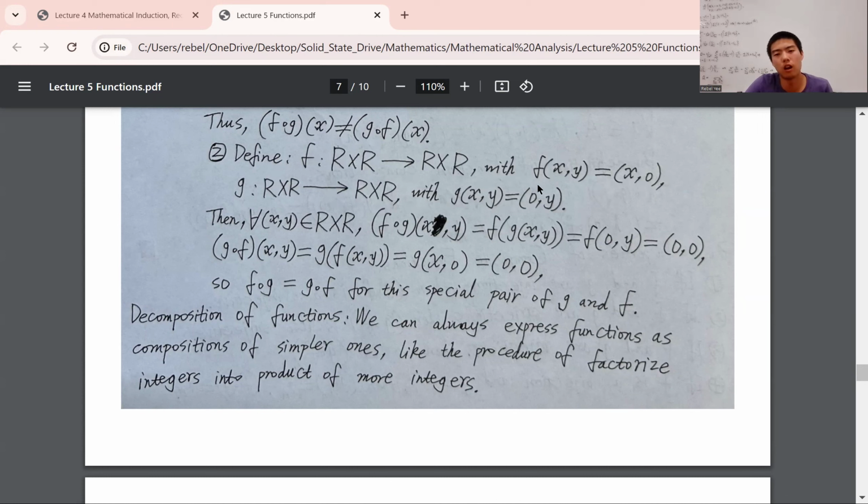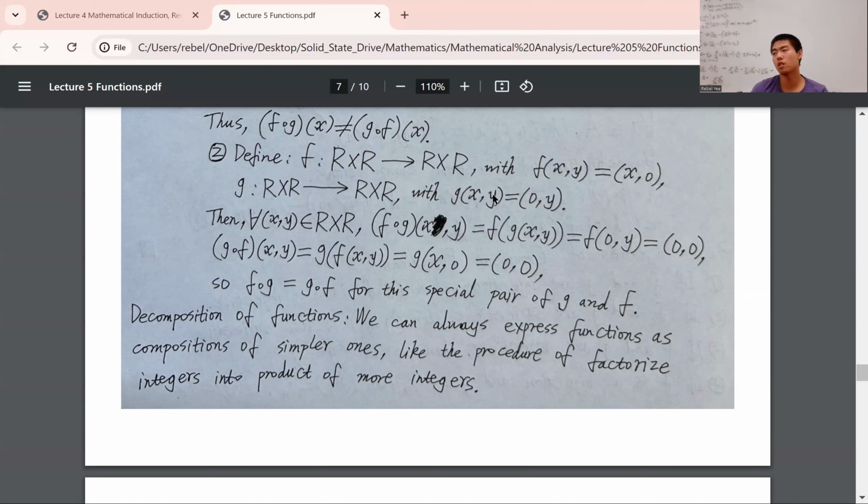So this function f and g here is called a projection, because originally it has two dimensions, but after f it only has one dimension, the x dimension. And after g it goes to y, so it only has the second dimension y.